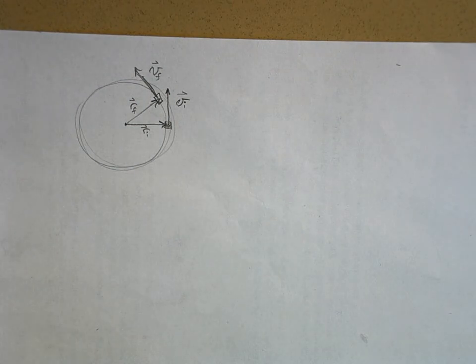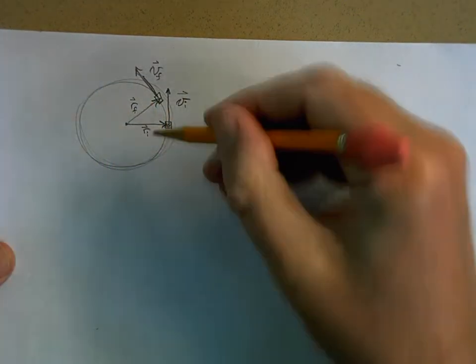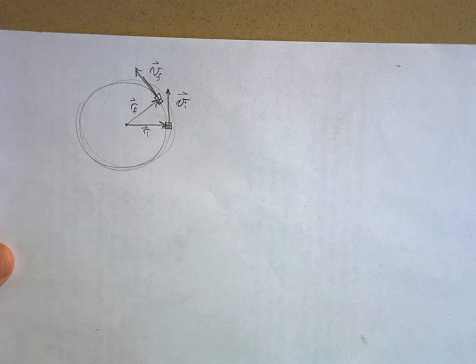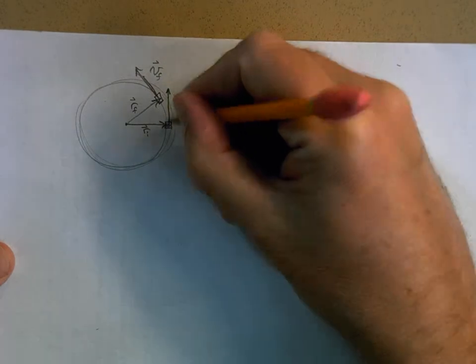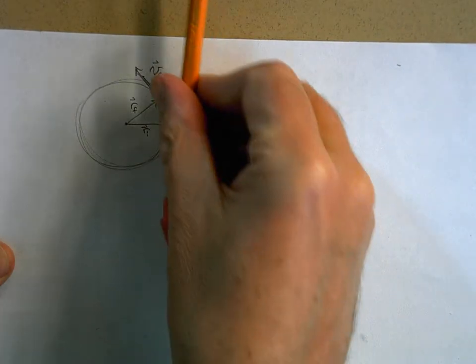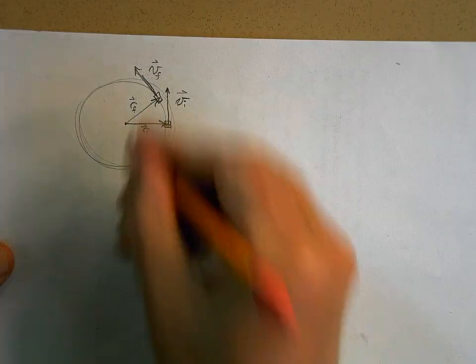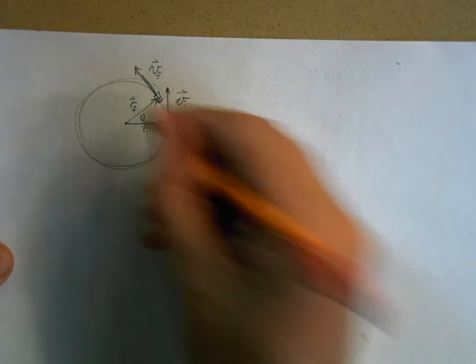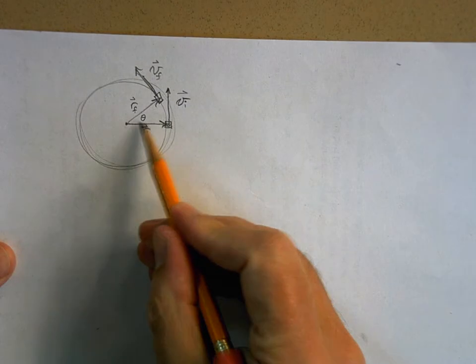Now, one thing you need to understand is that if you're going along a path, your velocity vector is always tangential to your path. I mean, your path might be turning, and so you have to turn that velocity vector with it. Now let's suppose I call this angle theta.